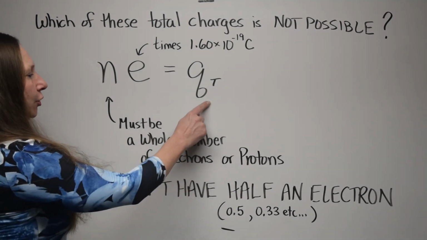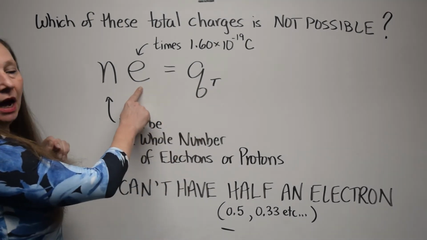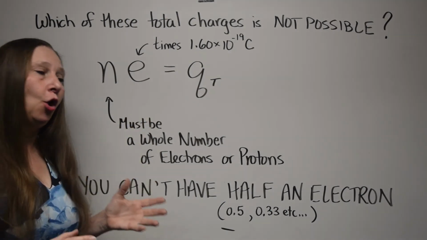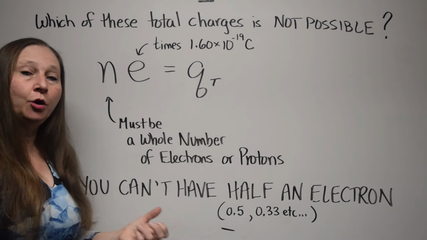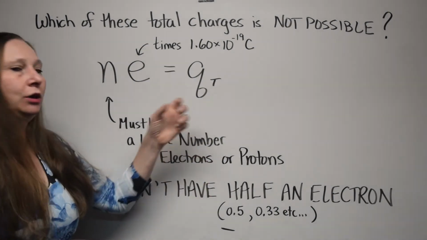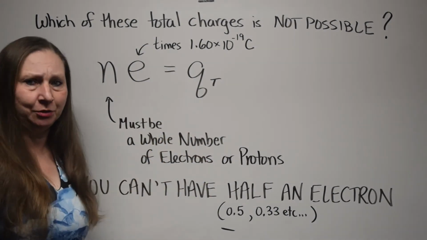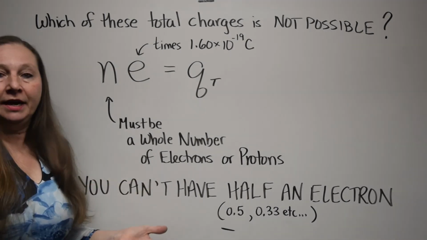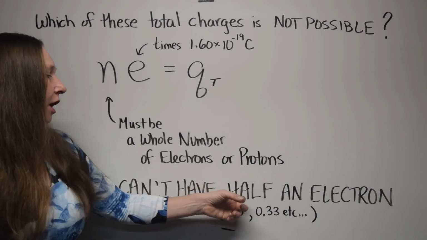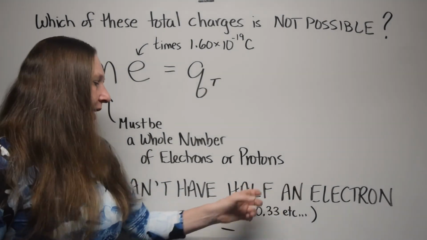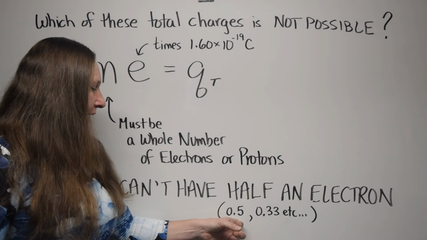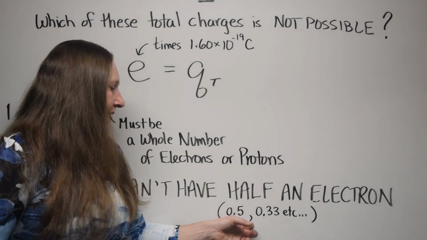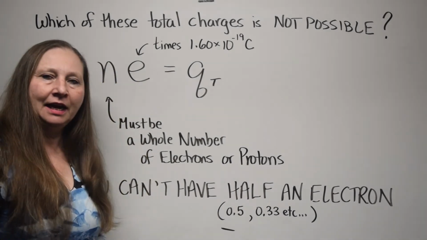If that total charge divided by 1.6 times 10 to the negative 19 does not give you a whole number of electrons or protons, then that total charge is just not possible. Why isn't it possible? Because you can't have a fraction of an electron. You can't have half of an electron. You can't have 0.5 electrons or 0.33 electrons or any other decimal multiple of electrons.